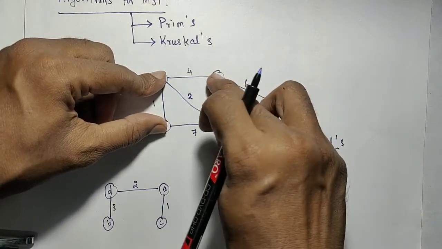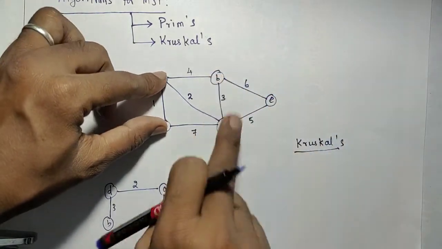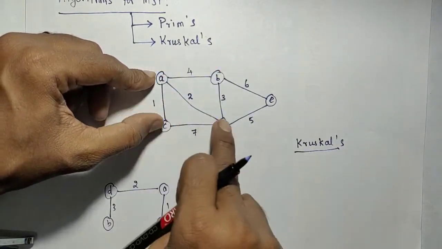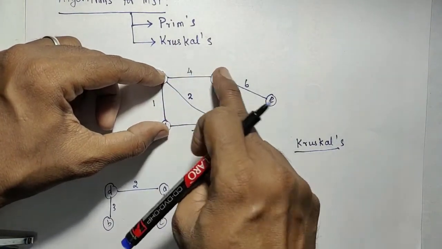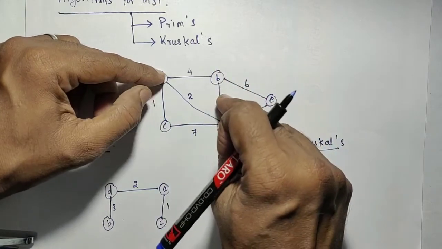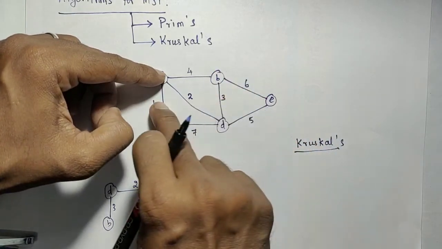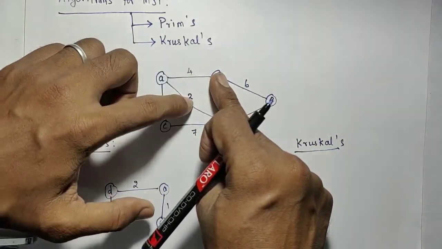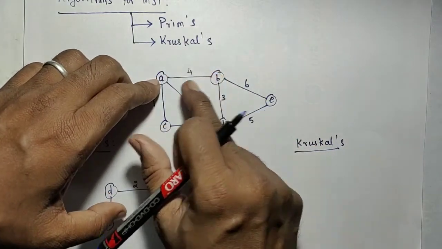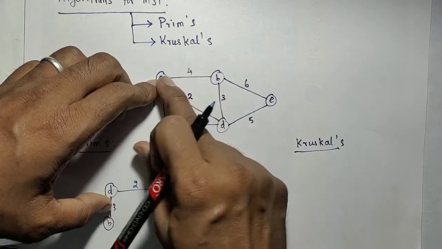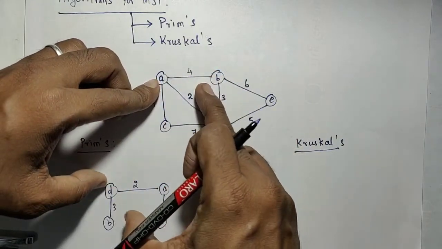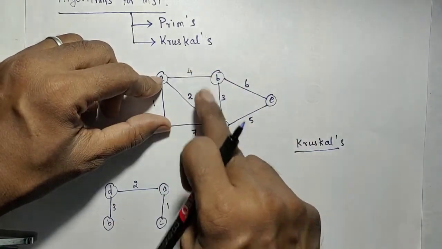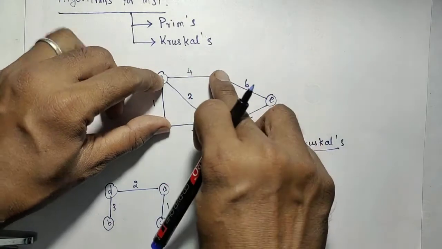So now I need to consider all the 4 vertices. Among them, the leaving edges: we can ignore the 1, 2, 3, these 3 edges, and then 4 and 7 also will be ignored, because they connect to the same nodes. If I add that 4, it will form a loop. If I add the 7, it will form a loop. So I have to ignore these also.